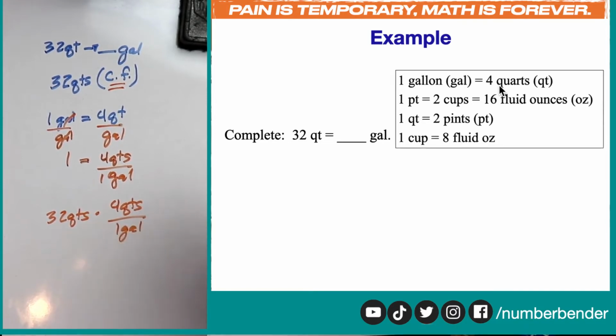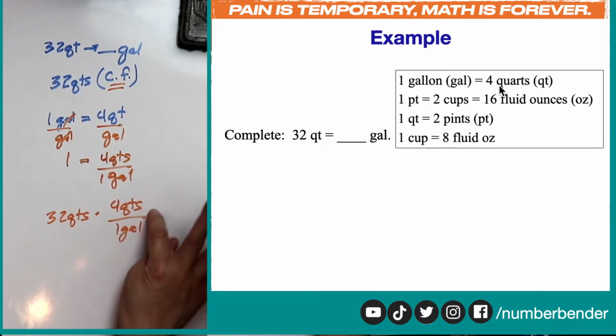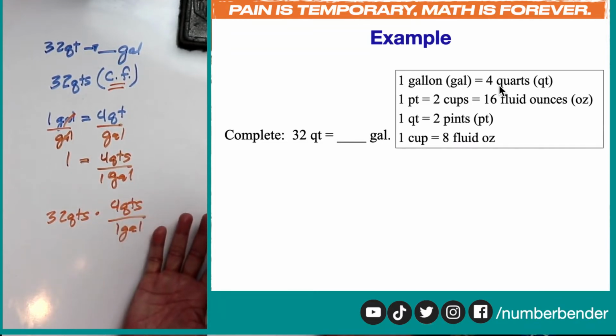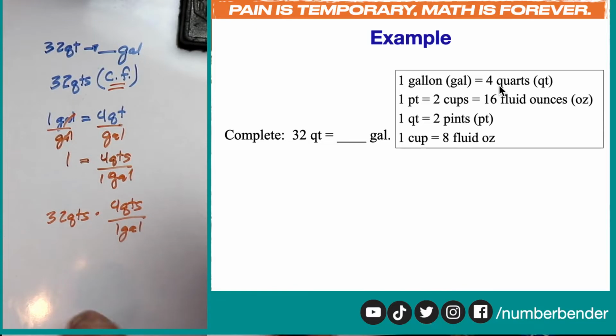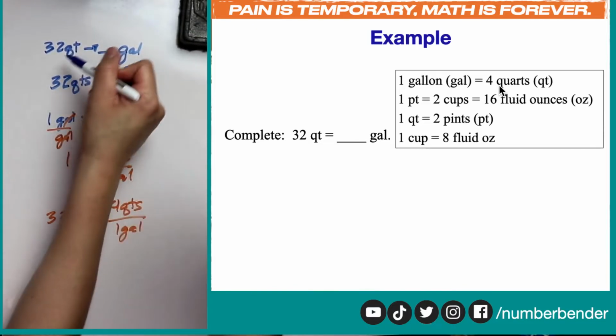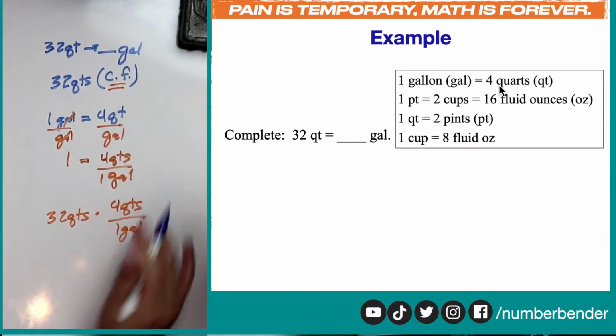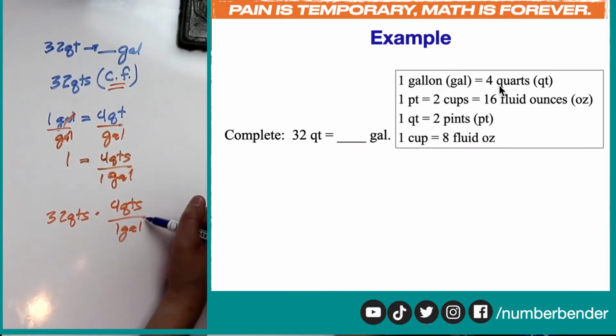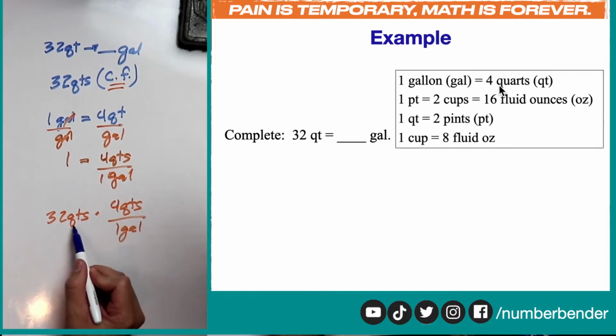And notice that I'm using all the units of measurement in my conversion factor, because this will help us in figuring out how to convert quarts into gallons. You are noticing that with a conversion factor of quarts over gallon, it is not going to cancel our quarts right here.